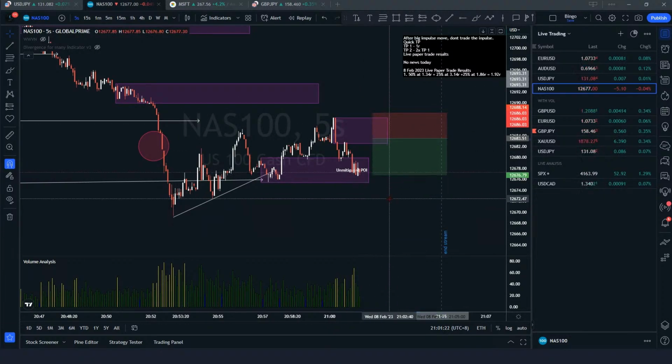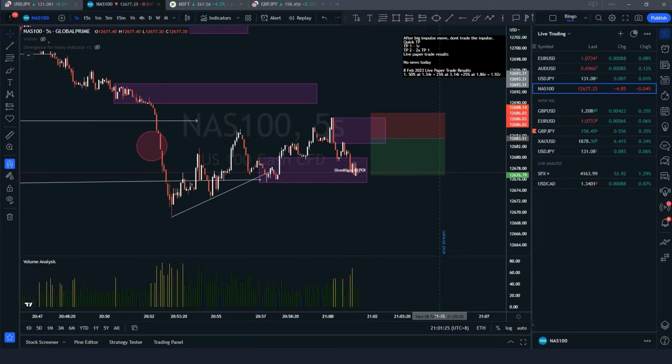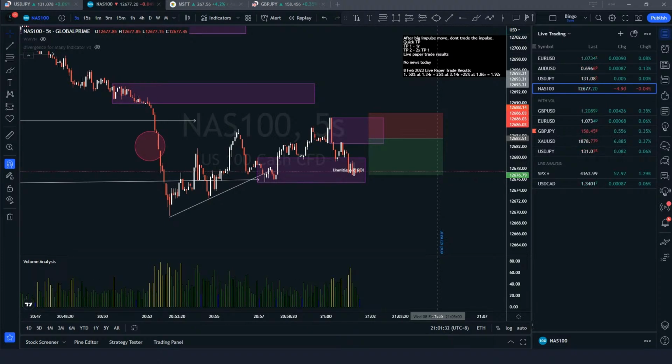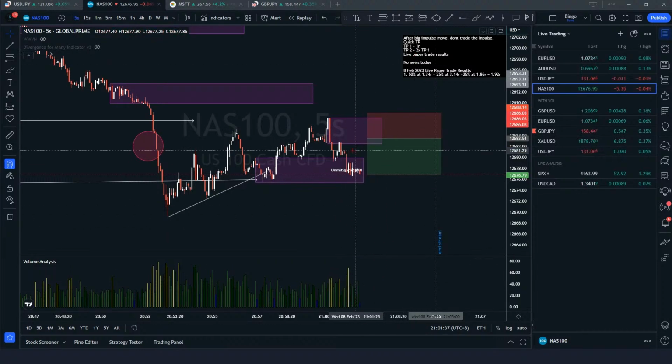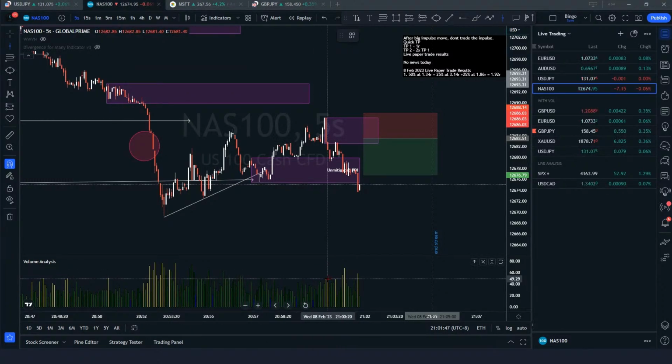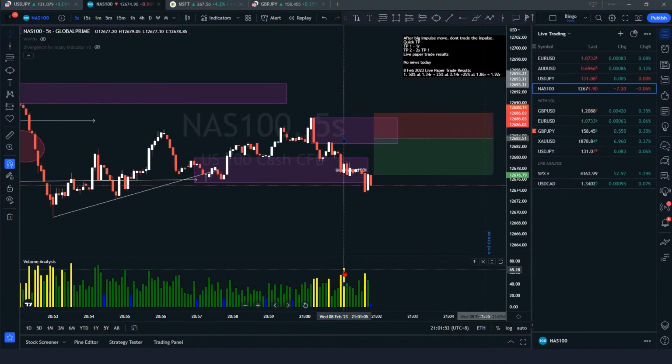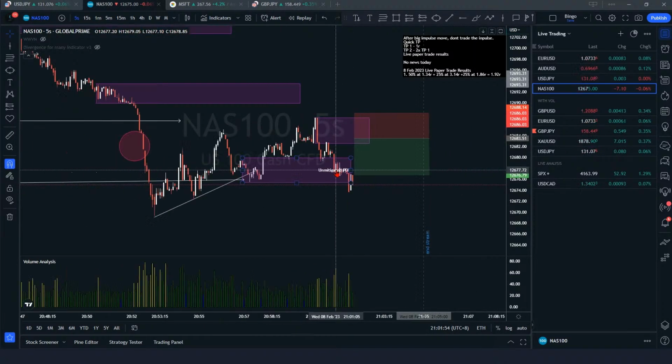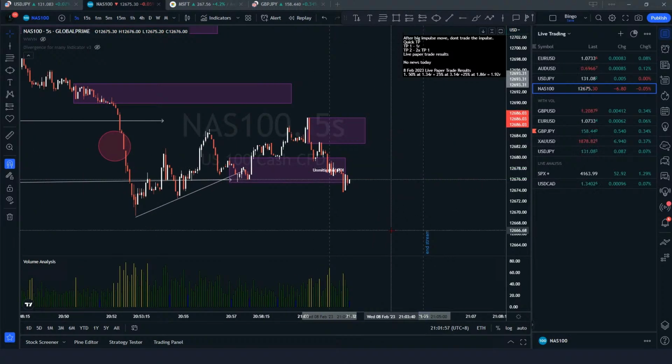One point five. We have good confirmation, but price seems to be consolidating right now. Okay, this was a good confirmation for a short, but we have this very high volume opposite candle.